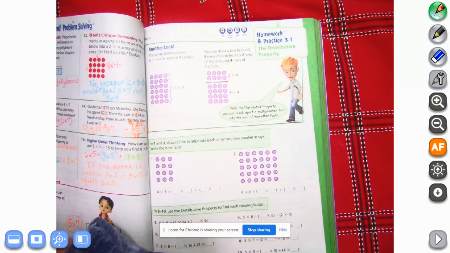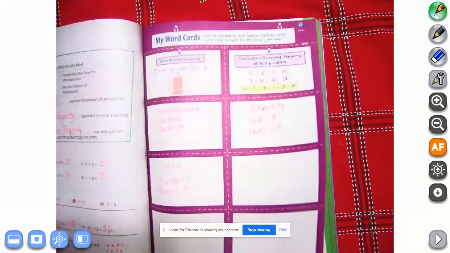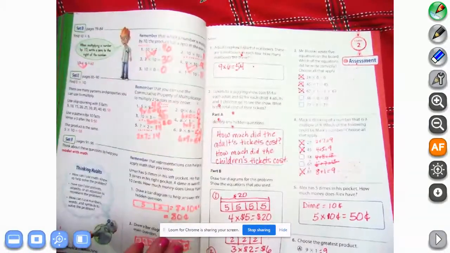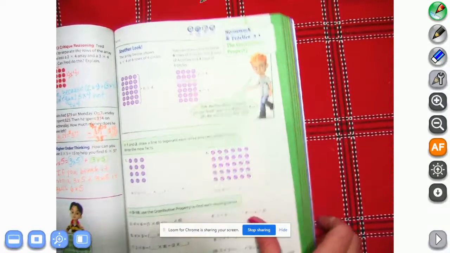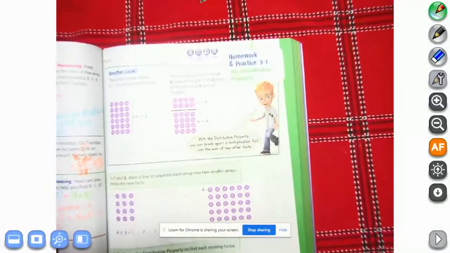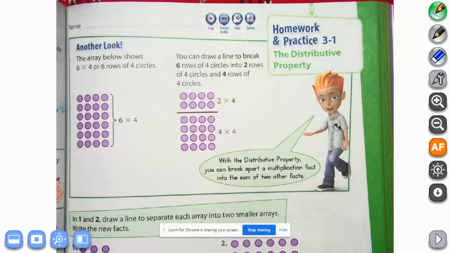So if you did that work and wrote it down in your book, like we did on our test back here, then you had all of the answers right here, okay? So remember that when you do this, it's really actually going to help in the long run. You'll be able to have the answers to the quizzes, and that way you're showing me that you did your work. All right, we are just getting to know distributive property.